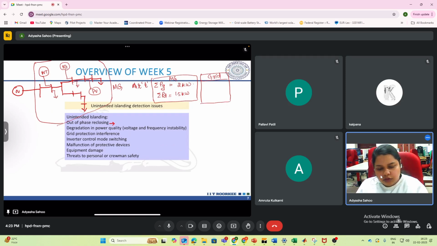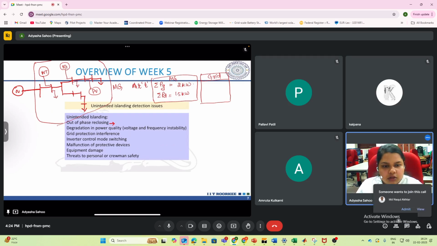What will be the power flow in this feeder? Can anyone tell me? Whatever the mismatch of power in the microgrid, that will be the power from the grid, right? What is the power mismatch in this microgrid?